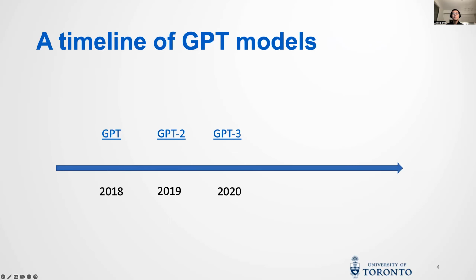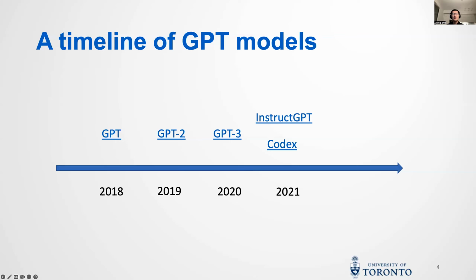GPT-3 introduced the novel in-context learning setting. I will elaborate on in-context learning, aka the prompt learning paradigm, in a few slides. Later, OpenAI decided to improve the quality of the models based on GPT-3. They explored two successful directions, InstructGPT and Codex.